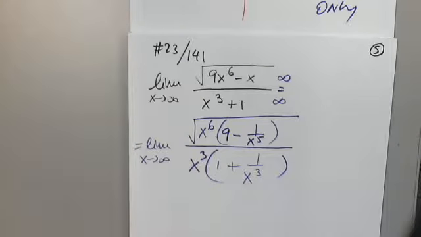Perfect. Now I have to ask myself, I can take the square root from x to the 6th, but the answer is the absolute value of x cubed. It all depends on where this is going. And then I know what to write.